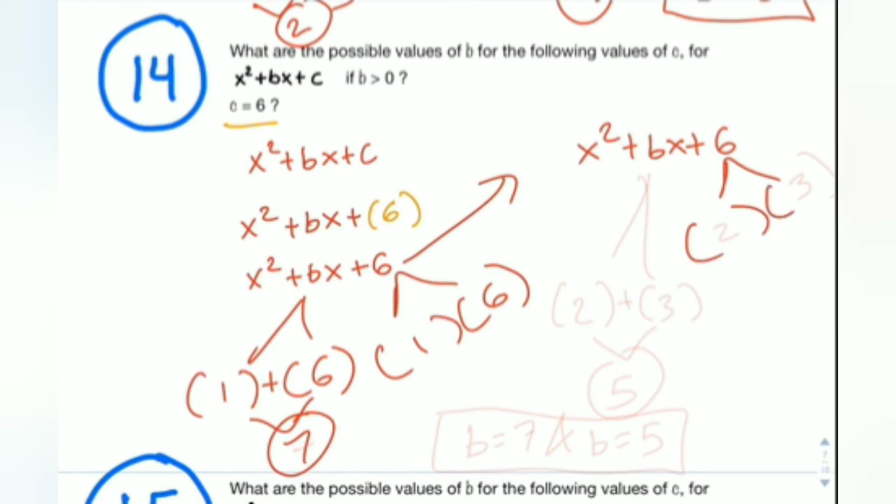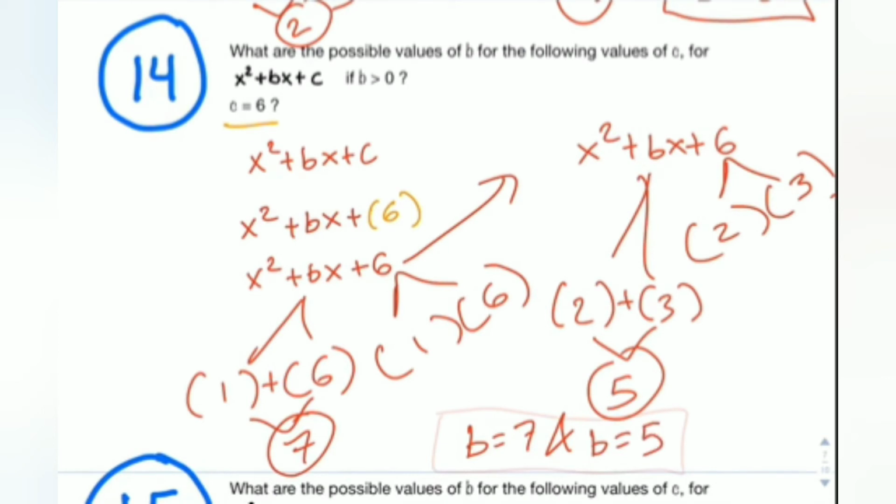Two numbers that multiply to 6, and when you add them, equal b. 2 times something equals 6: 3. So 2 plus 3 equals 5. So those are our answers. B equals 7 and B equals 5.